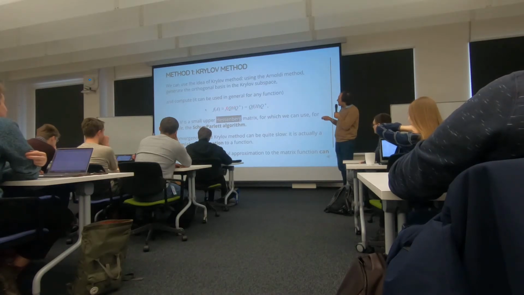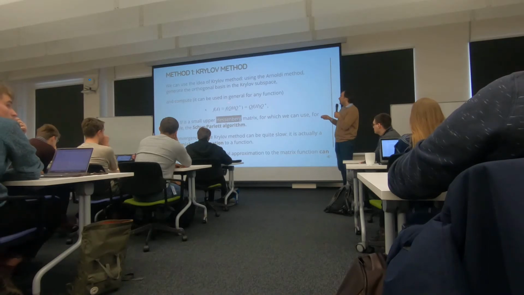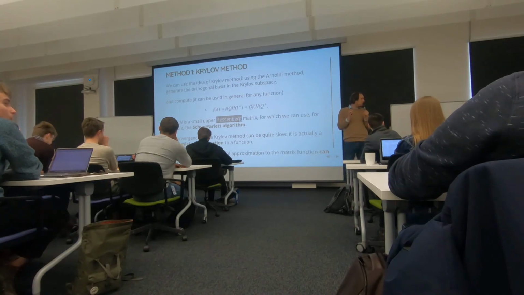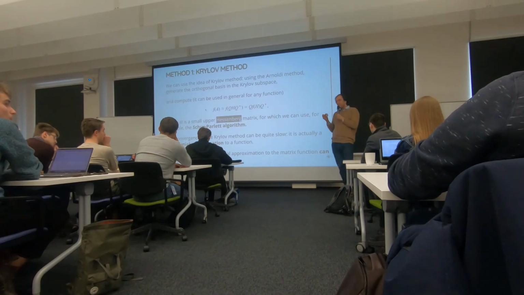The approximation is that we need to approximate the function of Q H Q star. A is approximated by the function of this. Okay, bounding the error is now a non-trivial task. Actually, for matrix exponential, it's not so. If our goal is to compute the action of the matrix exponential times a vector, so for linear systems, it's quite clear how we measure the accuracy.